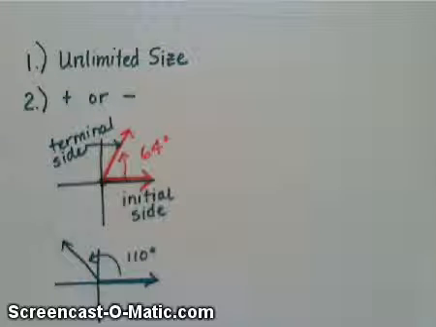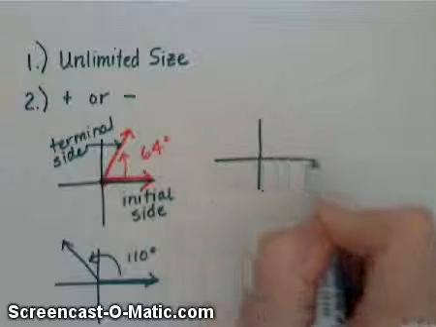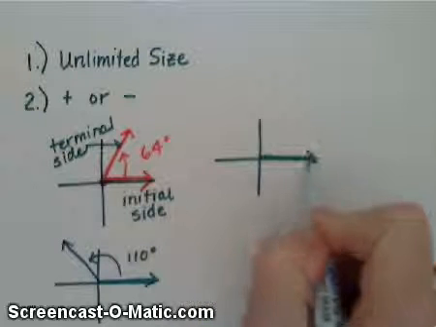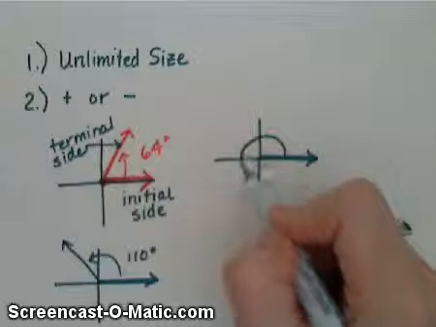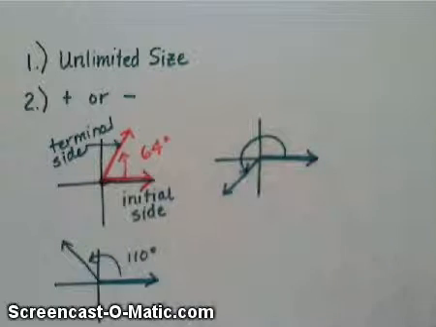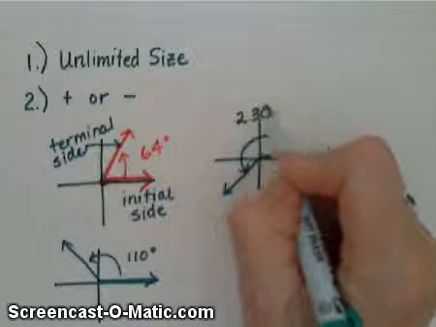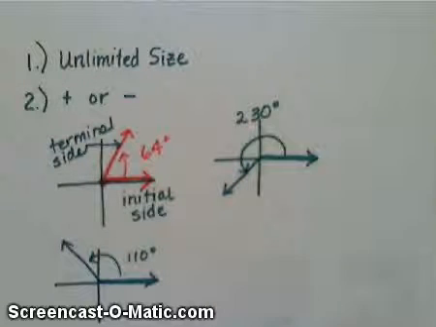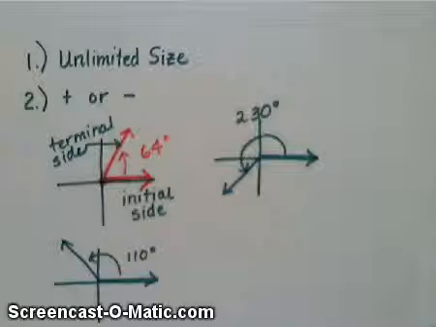But now this is where our similarity ends, because in my third example right here, I'm just going to start right here on the terminal side. Remember, this is called standard position. And then I'm going to rotate all the way past the 180 mark. And I've actually gone past 180, and I'm going to call that 230 degrees.